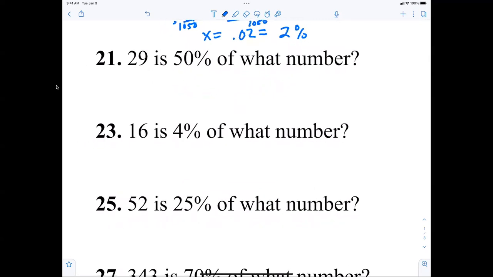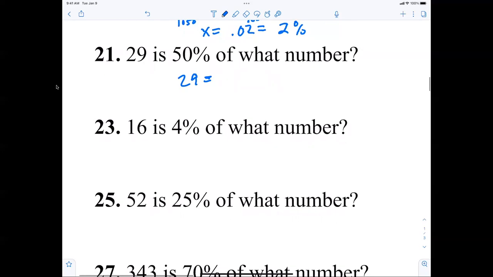29, go ahead. Leah, 29 equals X and then 50. Wait, what number are you on? 21. You said 29. Oh, sorry. 29 equals X and then 50, and then you get 58.